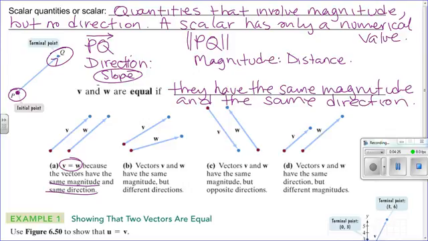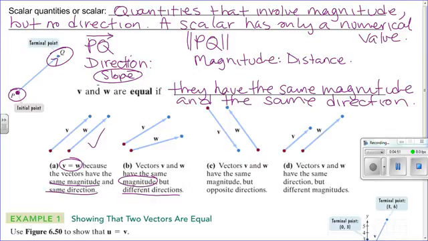Now the next one, they have the same magnitude, and maybe it's not so obvious, but if you were to measure them with a ruler, you could see that they do. But you could see that the direction is different, so those are not the same. The only ones that are the same is the first pair.